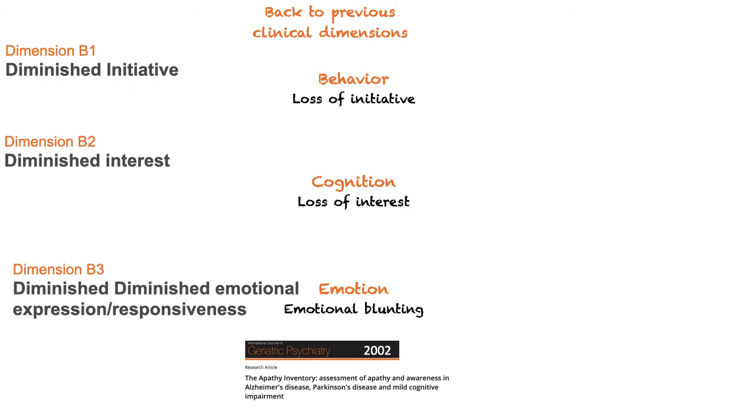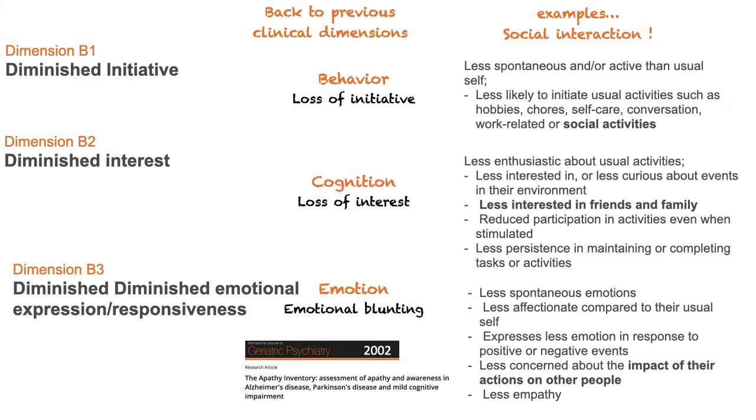The second characteristic is a return to the more classic dimensions of behavior, cognition, and emotion, presented as in the apathy inventory, by highlighting the impact on initiative, interest, and emotions. The effect on social interaction is still present, but illustrated within each of the clinical dimensions.